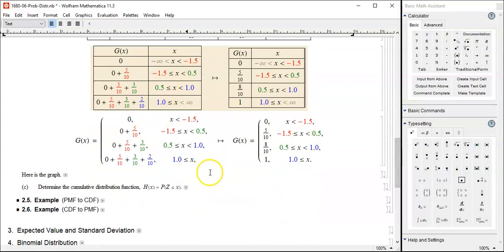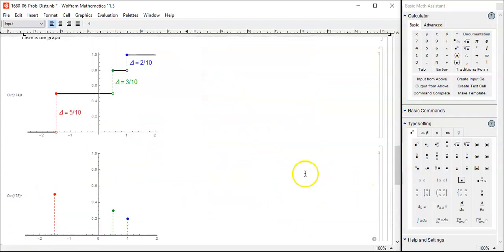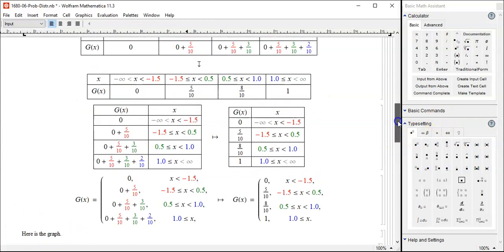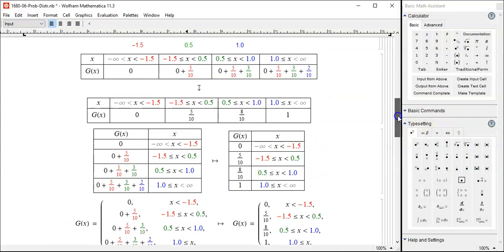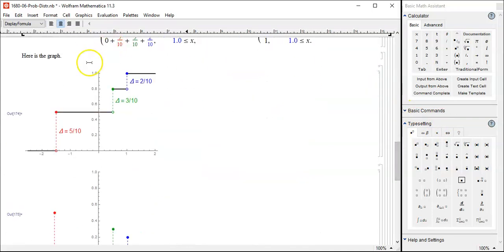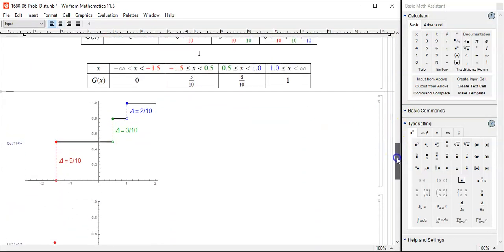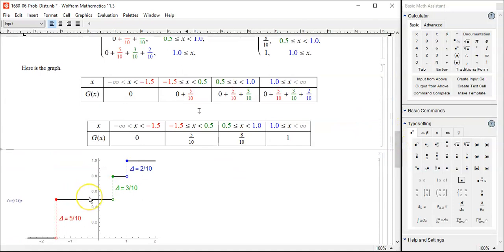Same goes for this piecewise expression. And finally, here's the graph. Less than negative 1.5, nothing there, so that's 0. Okay.